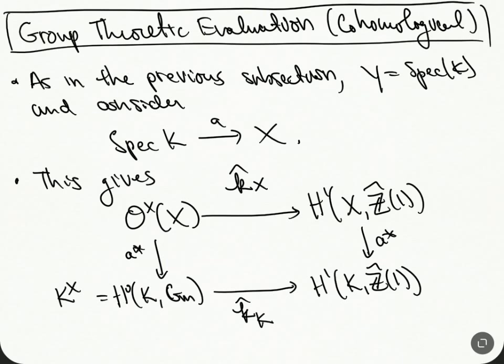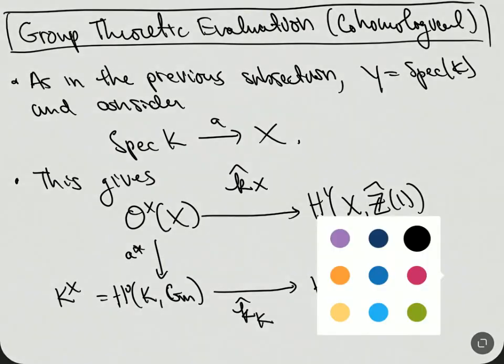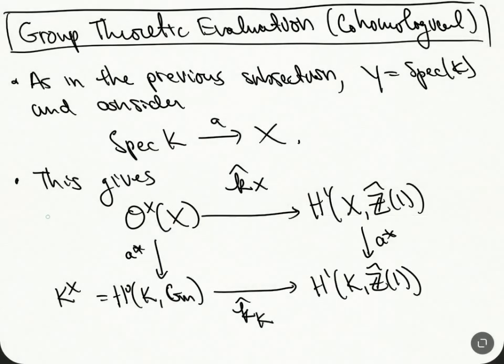And this map here is the interesting part. This takes a function f and maps it to f of a in here. So this is the usual evaluation of functions.